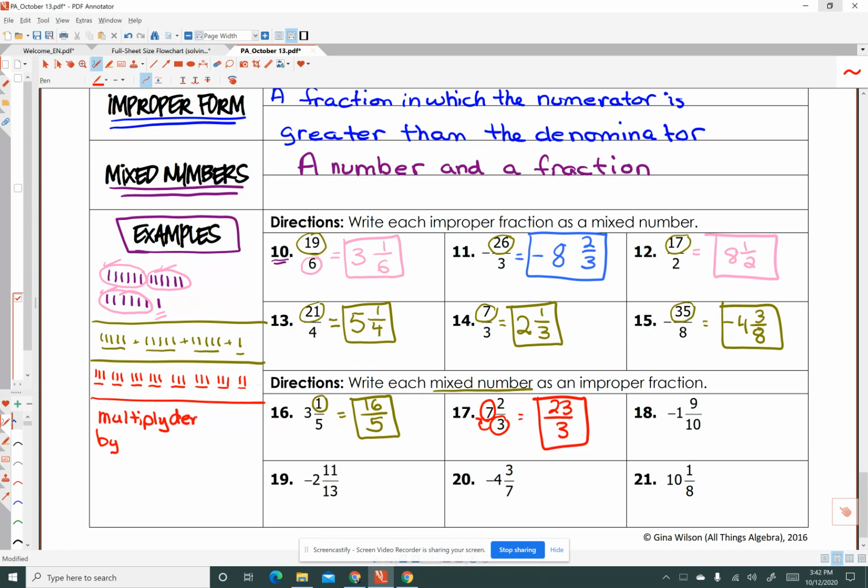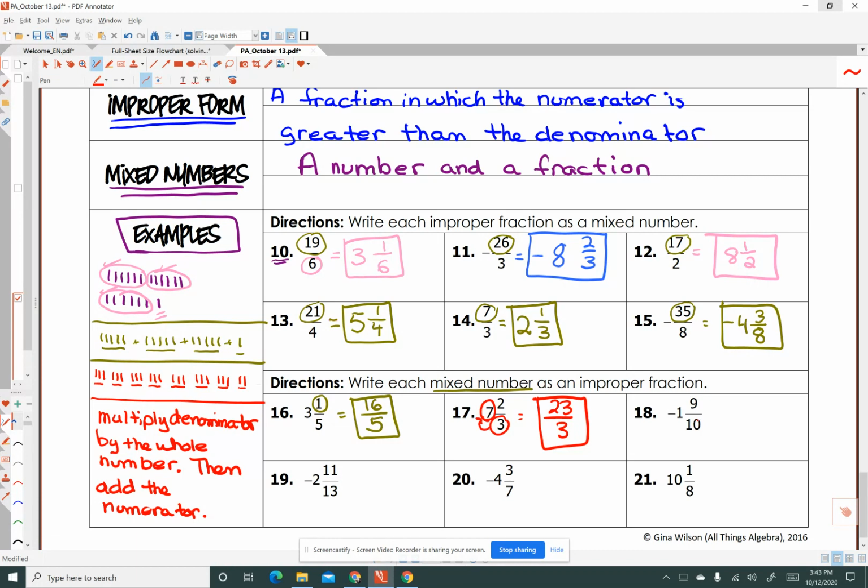Multiply the denominator by the whole number. Then add the numerator. Okay, so how does this work? 7 times 3 is 21, plus the numerator, 2 is 23. Then you keep the denominator.